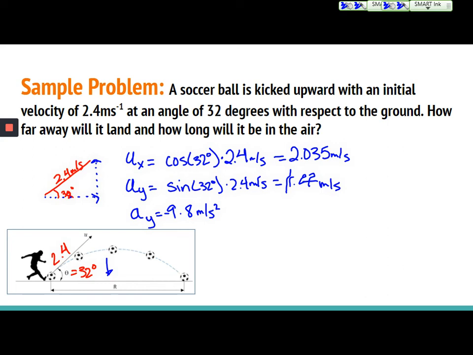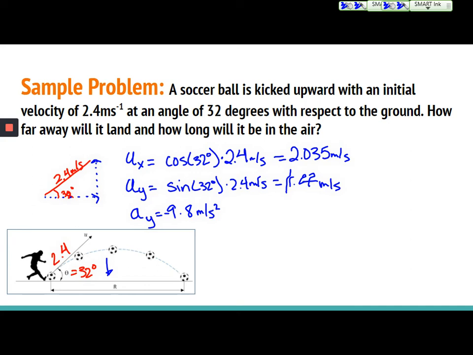So if we know that we have an initial velocity, this one's actually slightly more complicated because we're going to go up until we get to 0 and then we're going to come back down. And so the cool thing about this is that acceleration is clearly acting the whole time and you're going to get a symmetrical thing.